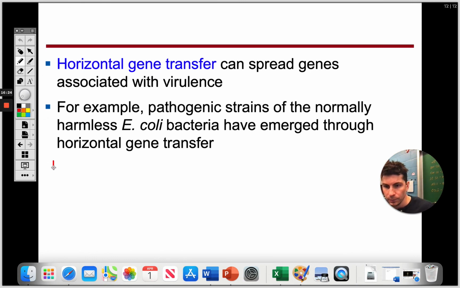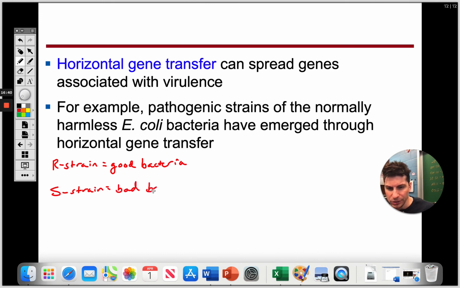So, our R strain was good bacteria. In other words, inject that into you, you're fine. Our S strain was our bad bacteria. In other words, inject that one into you and you will die.